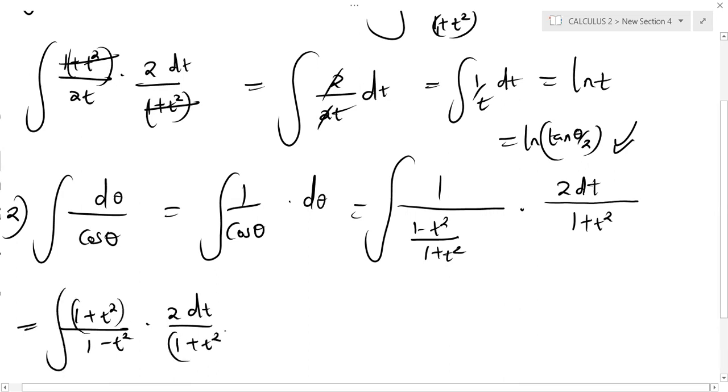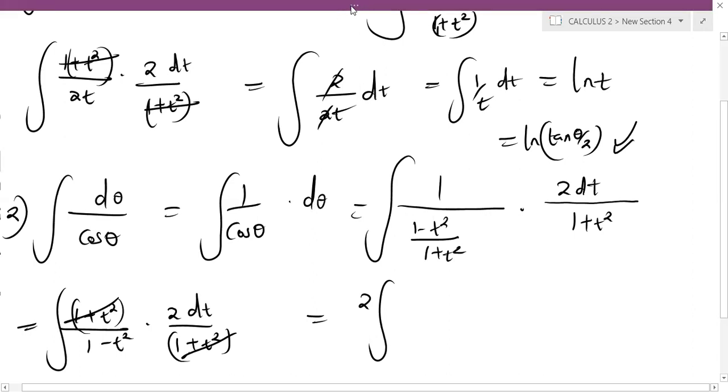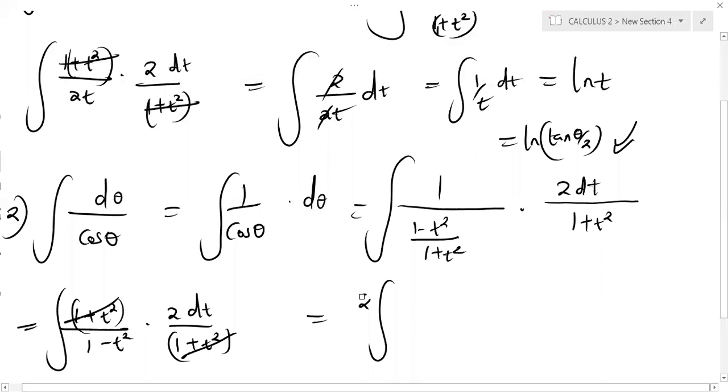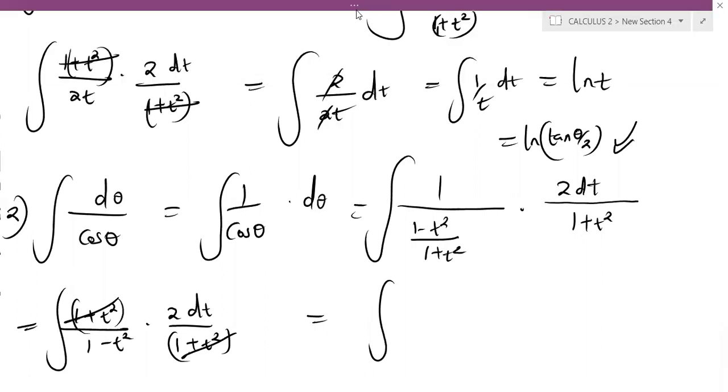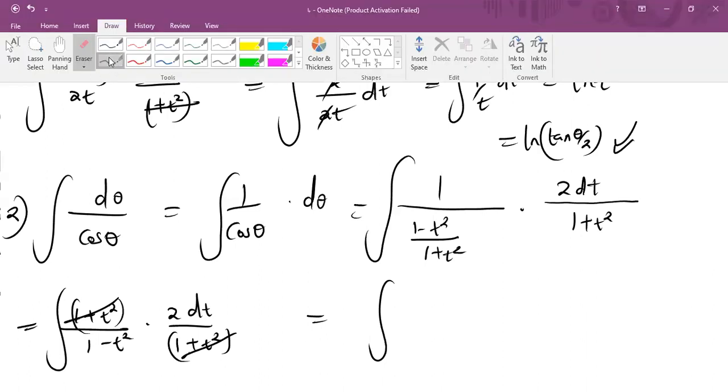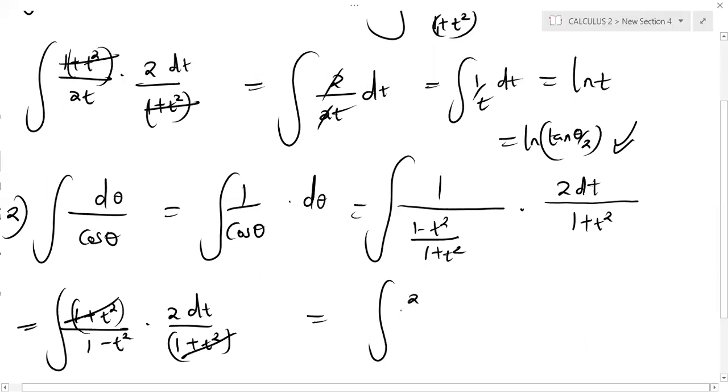This right here is the same as this, so I can cancel that out, so that I have the integral of, I can write 2 outside, or I can just have 2 in here, no worries. So that I have that as the integral of 2 over 1 minus t squared dt.